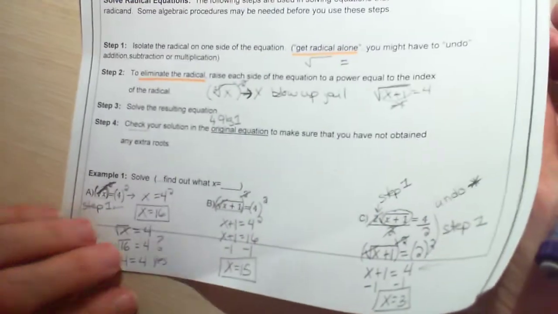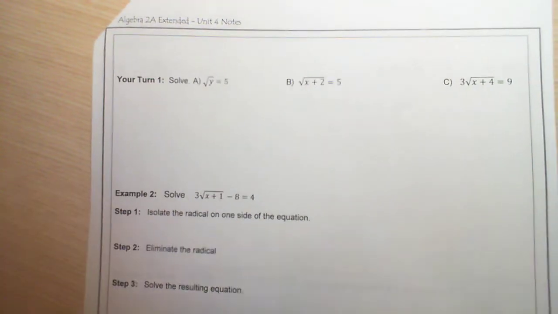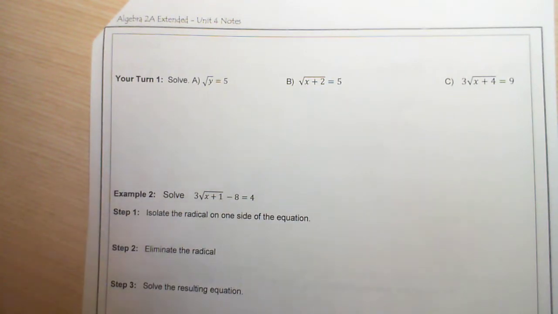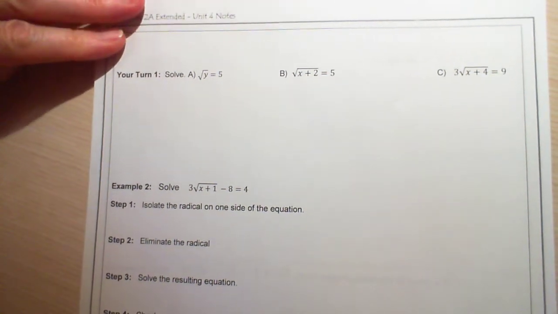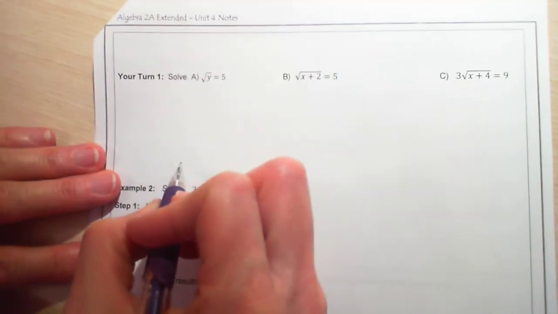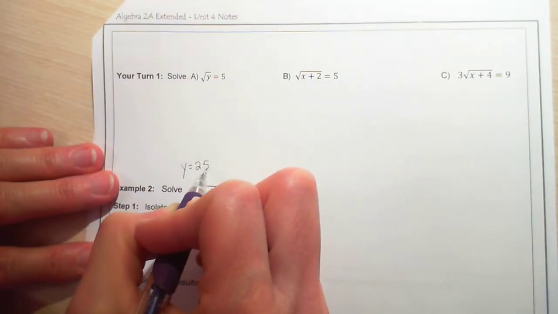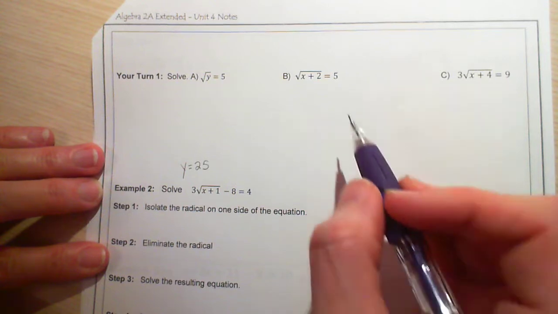Alright, page 27 you should be on now. Oh, I forgot to say, this started on page 26. Okay, these are your turns. So what I want you to do is pause the video and solve these your turns. And then I'll tell you, you pause it, you solve them, and then I'll tell you, you should get y equals 25 there.